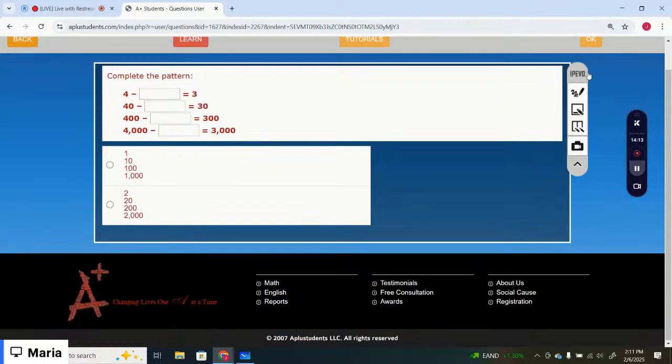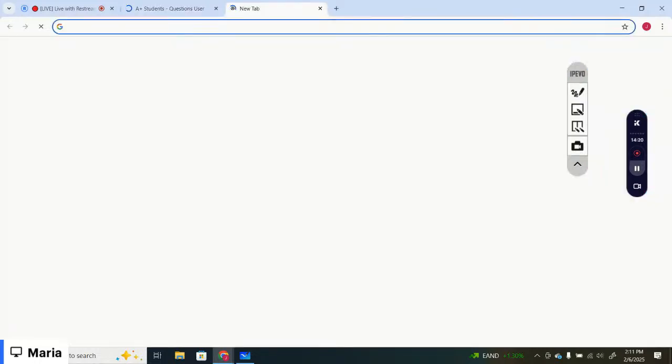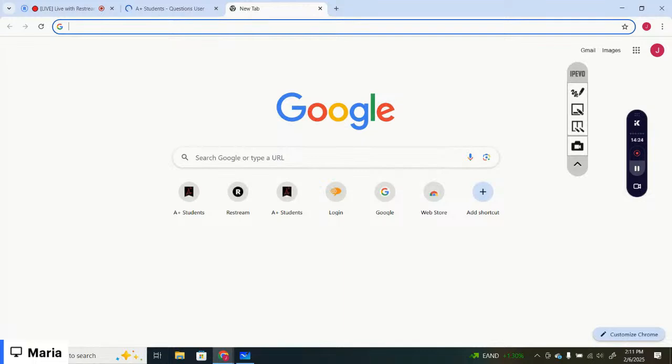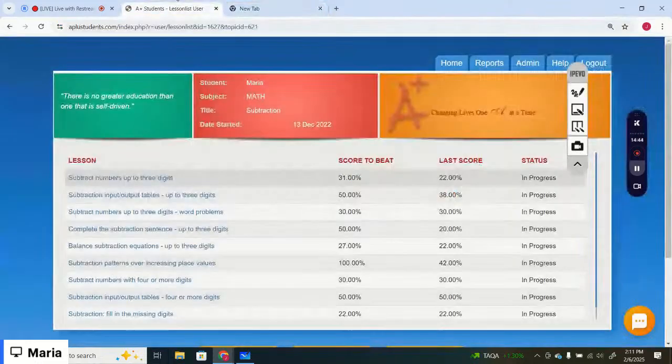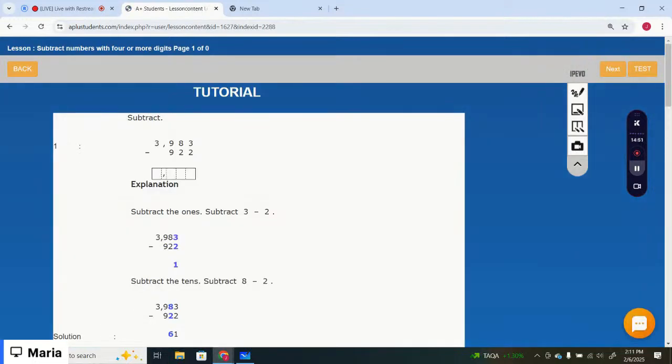The next lesson is subtract numbers with four or more digits. 3,983 minus 922.